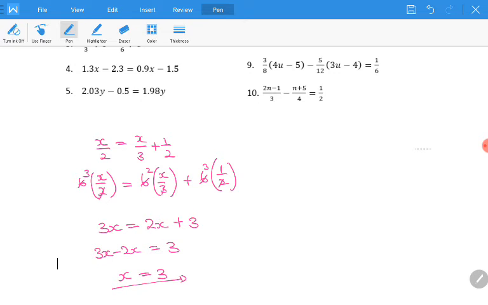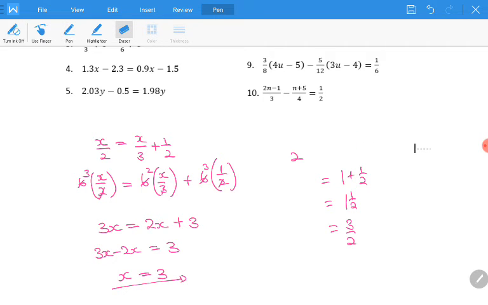So to prove this, we can say 3 over 2 is equals to 3 over 3 plus 1 over 2. 3 over 3 is 1. So this is equals to 1 plus 1 over 2, which is equals to 1.5, which is equals to 3 over 2. So our answer is correct.